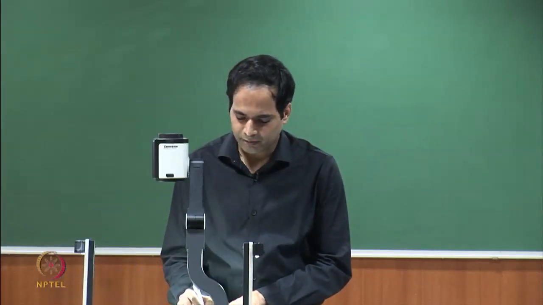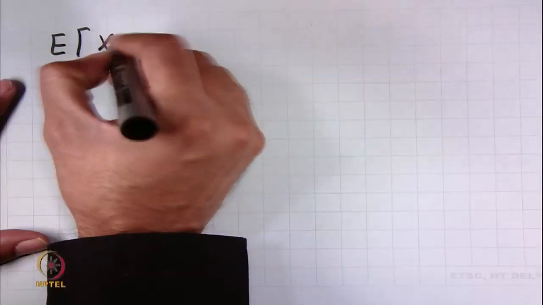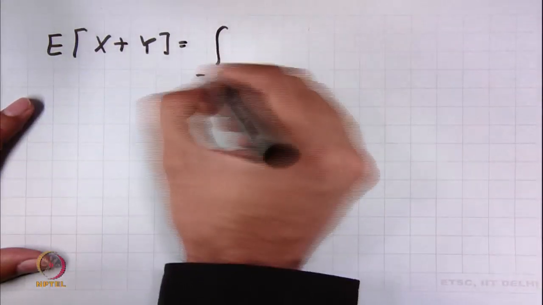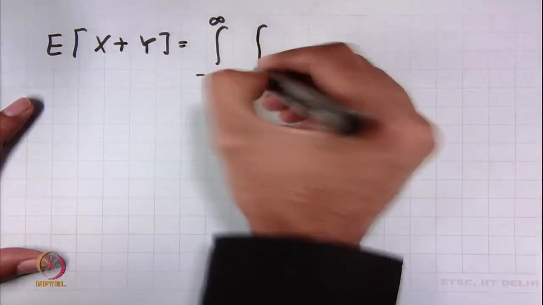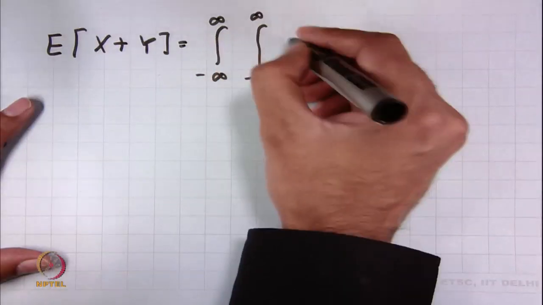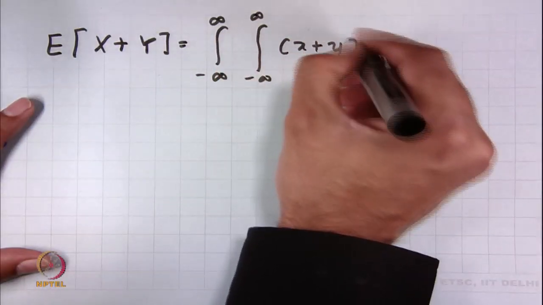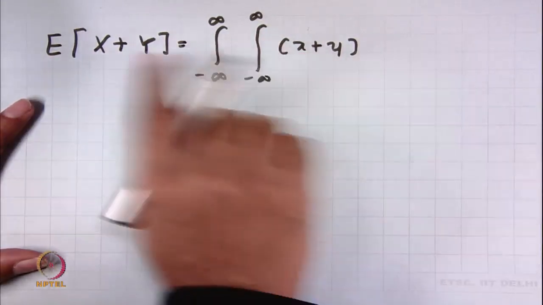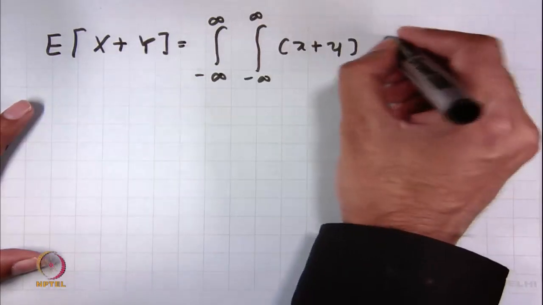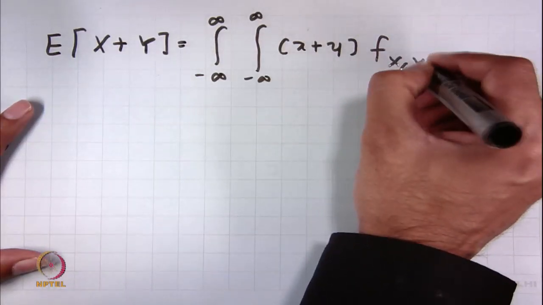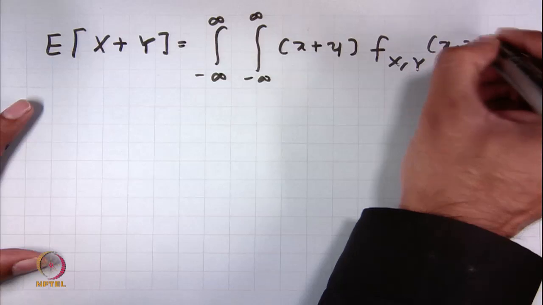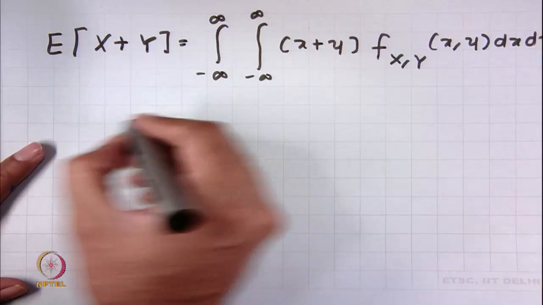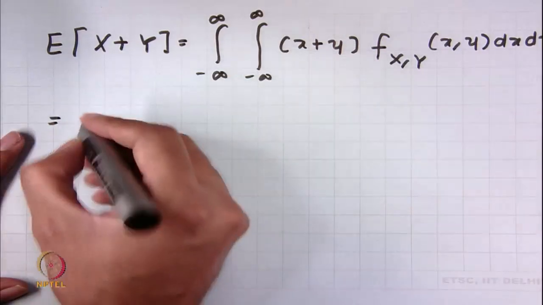We can say that the expectation of x plus y will be nothing but, we have now to substitute the numerical values. So, x takes a numerical value x, y takes a numerical value y. Okay. Now, let us try to simplify this.